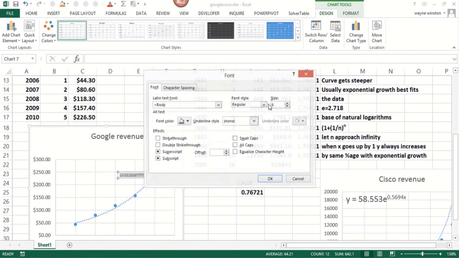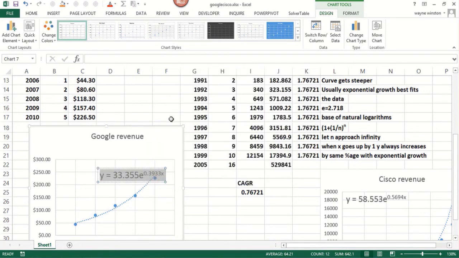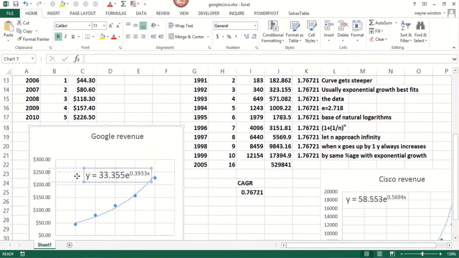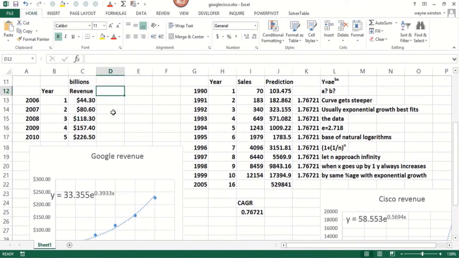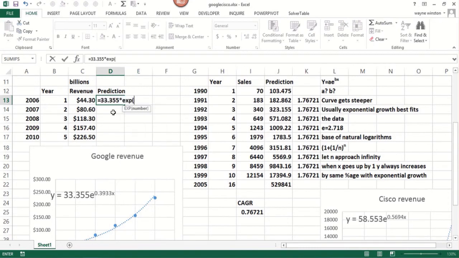So if I put that equation in, the predicted revenue equals 33.355 times e to the 0.3933 times the year number.